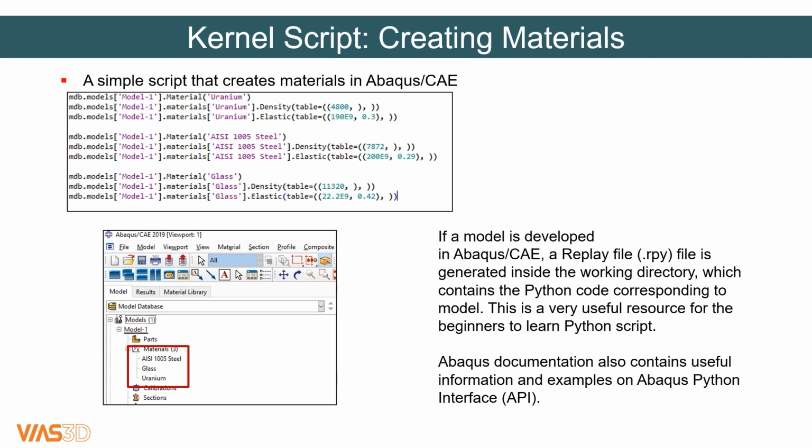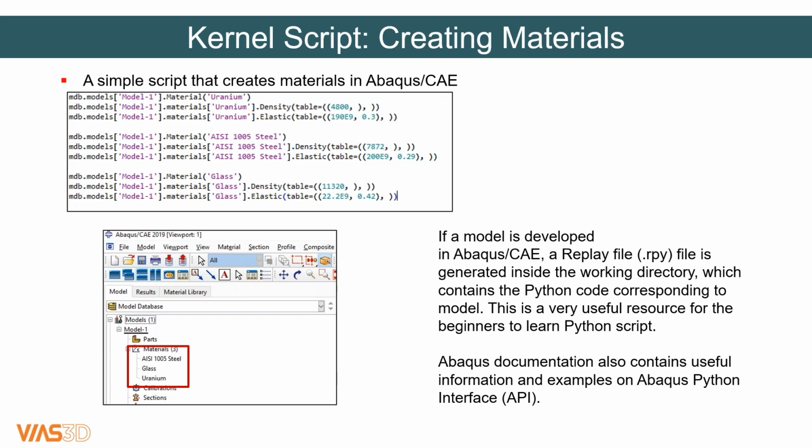The easiest way to get started, if you are interested in kernel scripting or just this automation process, is to look at the replay file, this RPY file that is in your working directory. If you look at that file, you will see these commands echoed back whenever you push a button or click on something in Abaqus CAE; it's executing these kernel commands.